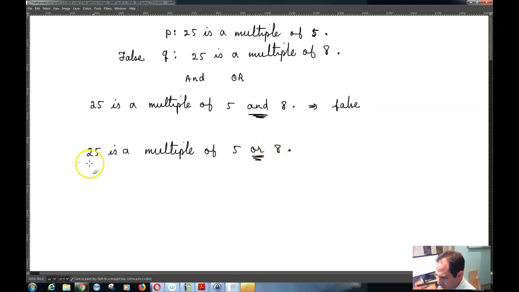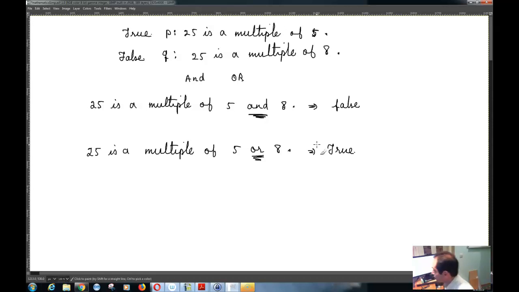In the case of the compound statement with or, even if only one of them is true, the compound statement is true. So the answer is: 25 is a multiple of 5 and 8, which is false, and 25 is a multiple of 5 or 8, which is true.